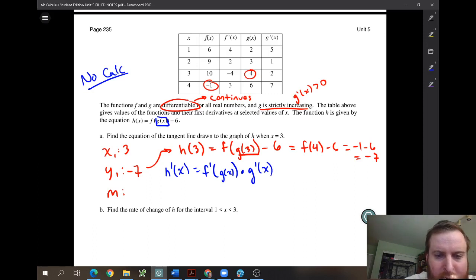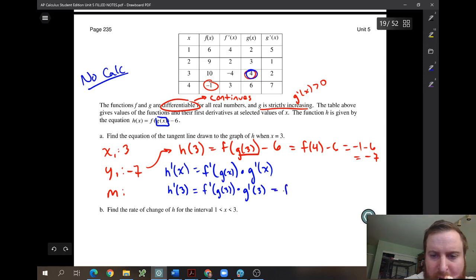So for m, we're going to get h prime of 3. We're going to need to plug into there. So f prime of g of 3 times g prime of 3, right? Anywhere we see an x, we're putting in 3. So g of 3 we knew was 4. It's going to be f prime of 4 times g prime of 3.